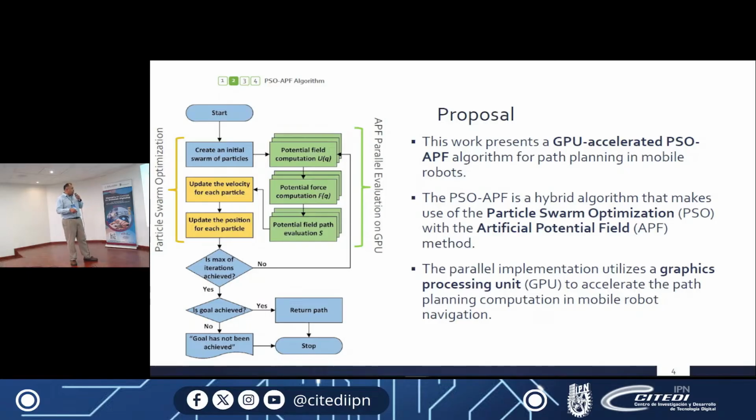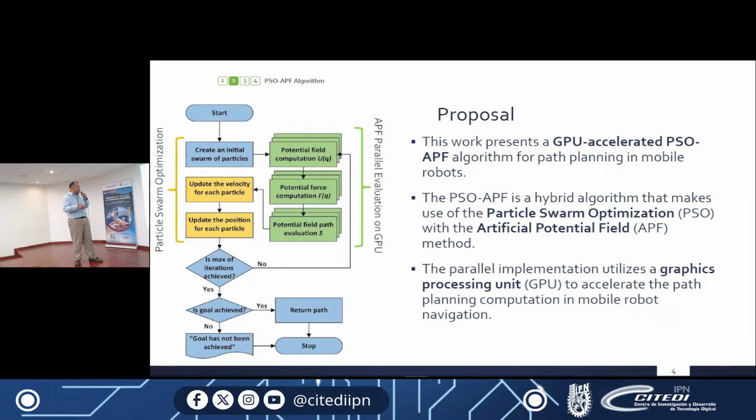In this flowchart, we represent the particle swarm optimization mainly with these three blocks: the blue one, this first one, and these yellow ones. And the artificial potential field serves as a cost function and also as the main path planning method. The path planning method is the artificial potential field, and the optimizer is the particle swarm optimization.